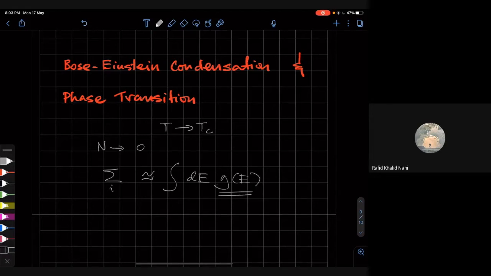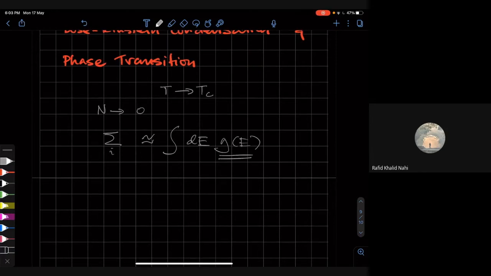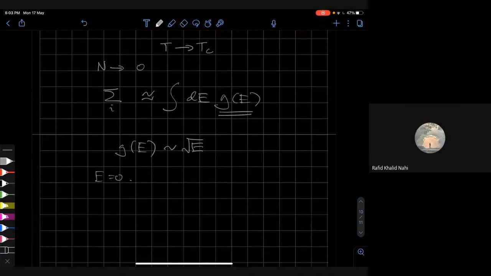In the density of states function g(E) for the free, non-relativistic particle, there was a square root of E, and therefore we missed the ground state E equals 0. If we take into account the ground state, then this contradiction is resolved, and let me just bring up the formula.